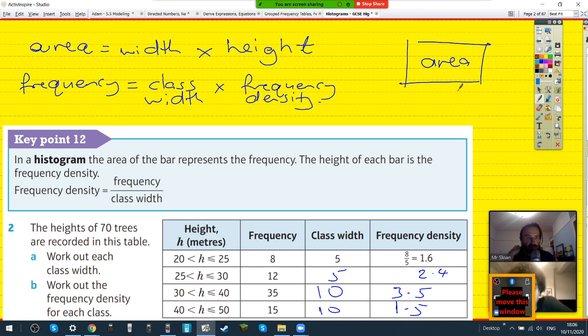That means the width is 5 and the height is 2.4. And that's how you go about drawing these. So what would be the width and height of the next one? The width will be 10, and the height would be 3.5. Correct.